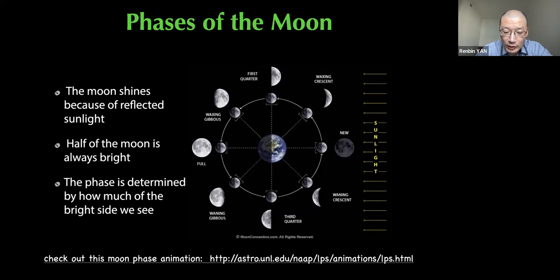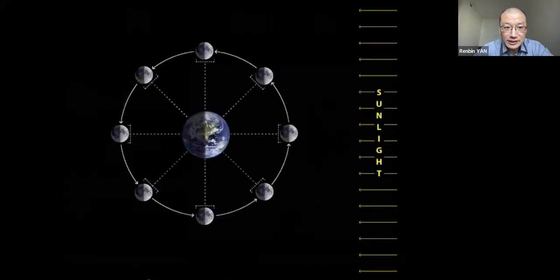So we call it waning. Waning means it's getting weaker and weaker or smaller and smaller. So the fraction of the illuminated side is getting smaller and smaller. And so this is what we call waning gibbous and third quarter and the waning crescent. So these are the different names for the different moon phases.